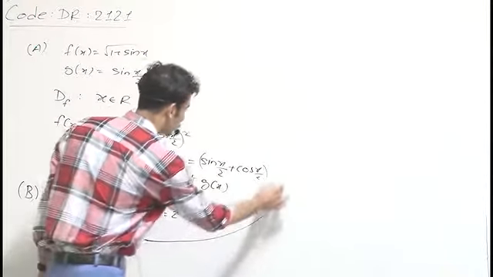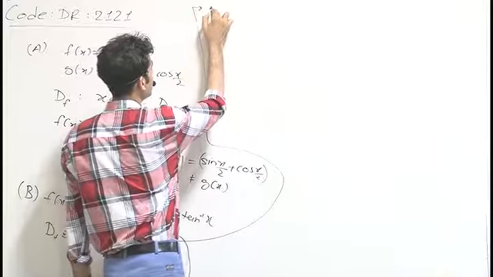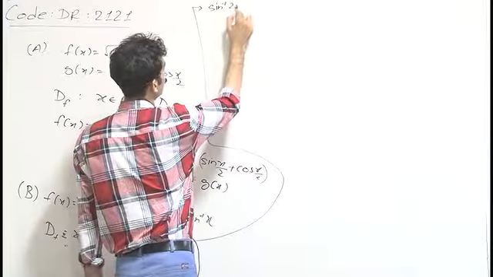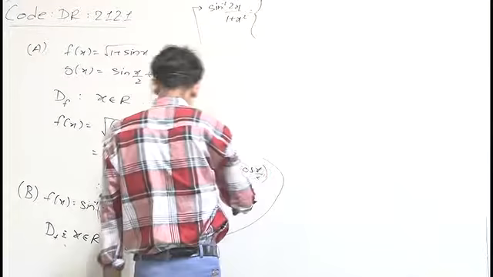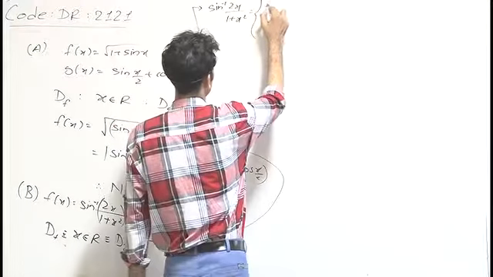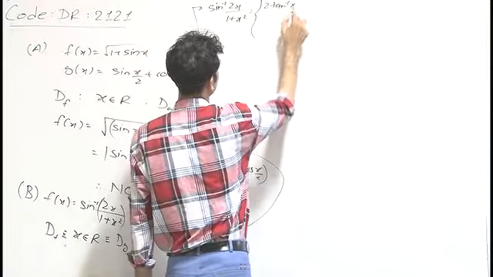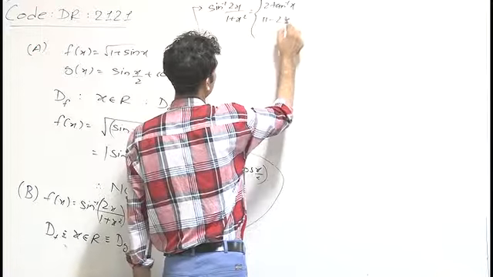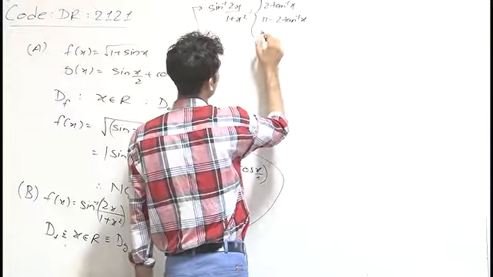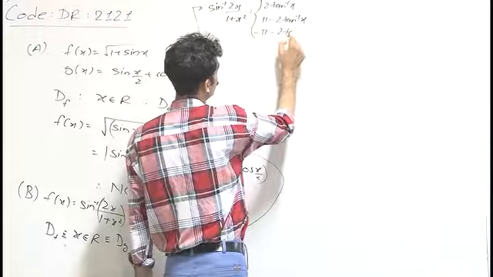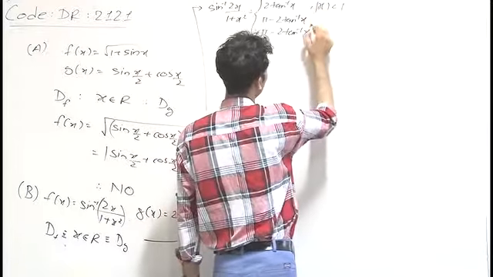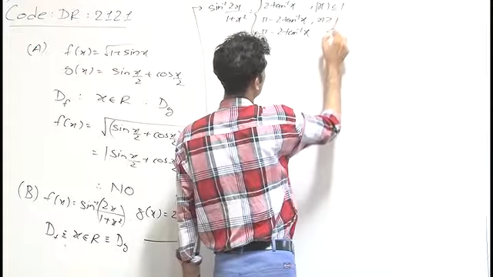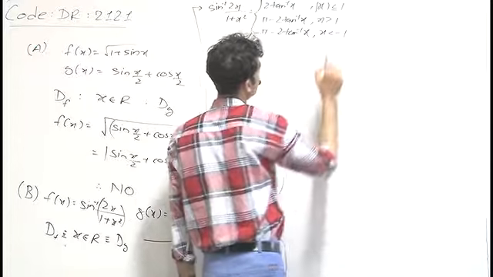Now for the common domain, sin inverse of 2x upon 1 plus x square, we can write 2 tan inverse x, pi minus 2 tan inverse x, and minus pi minus 2 tan inverse x, for mod x less than 1, for x greater than 1, and for x less than -1.